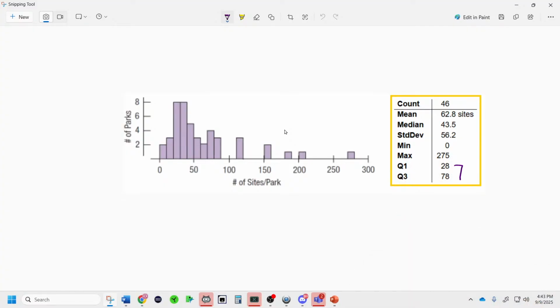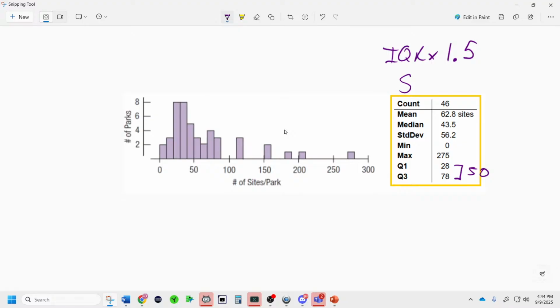So this is the IQR, which is 50. How many IQRs would you do? You go IQR times what? Remember this number? 1.5.